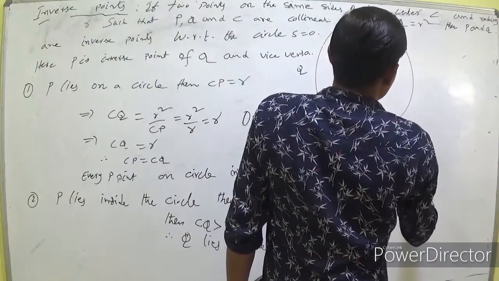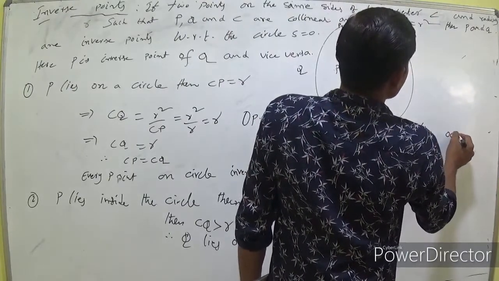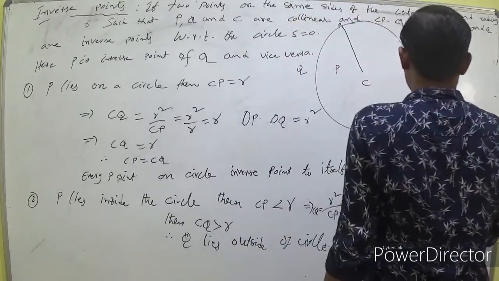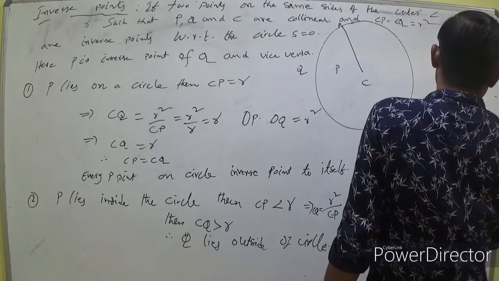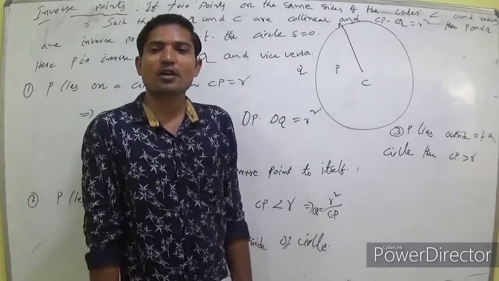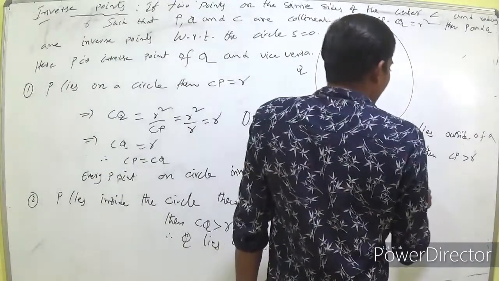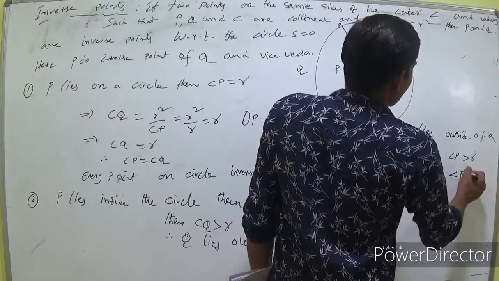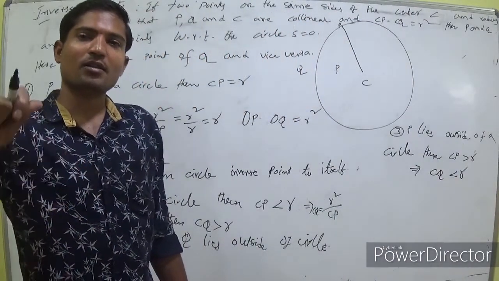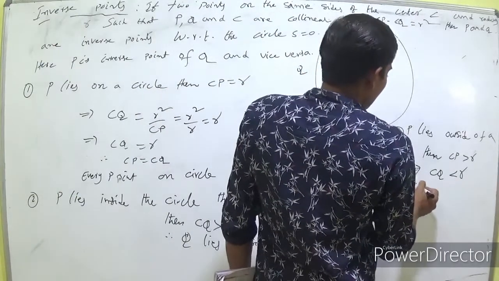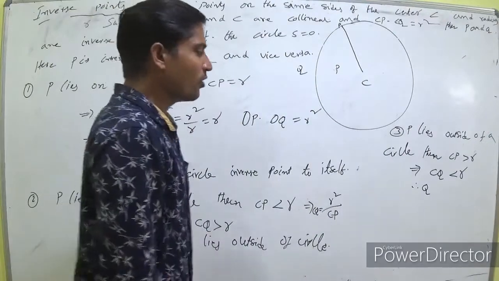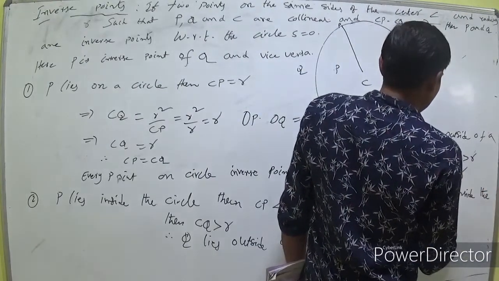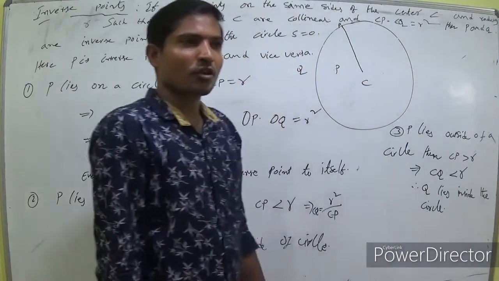Third point, P lies outside of a circle, then CP is greater than R. Then that implies CQ is less than R. CQ less than R, then Q lies inside the circle. Clear? Q lies inside the circle.